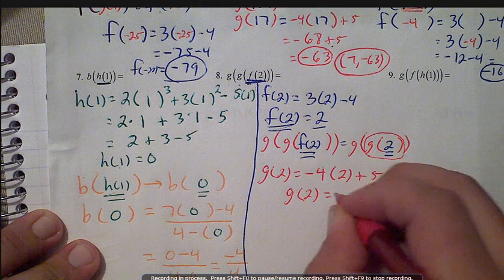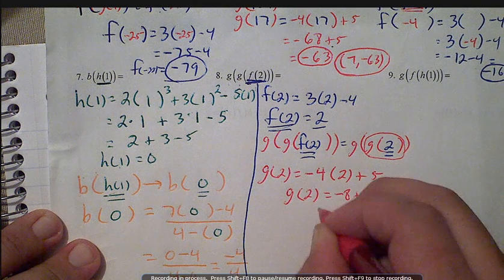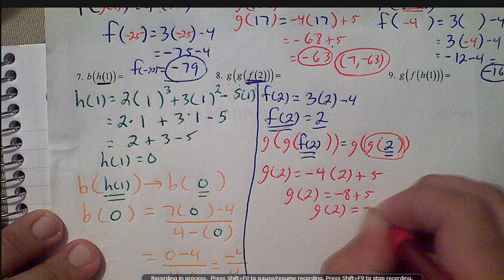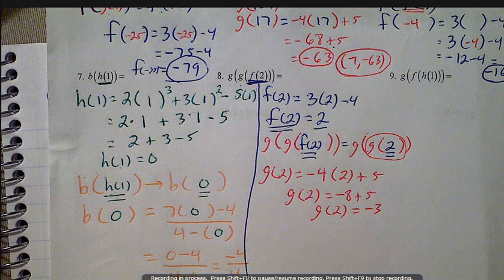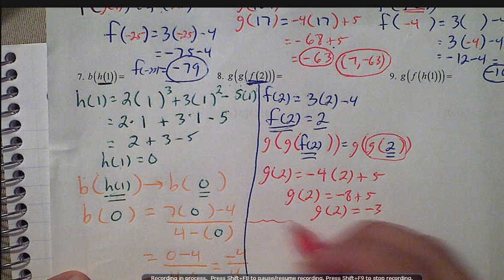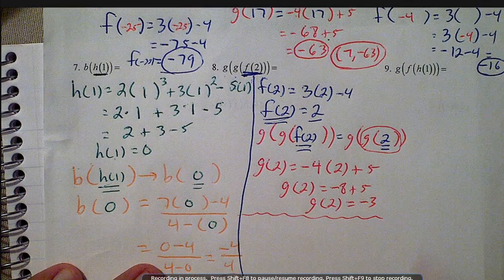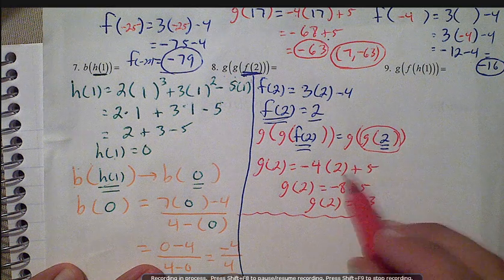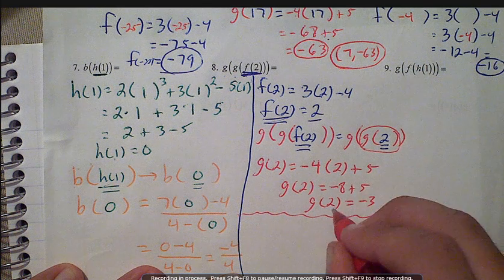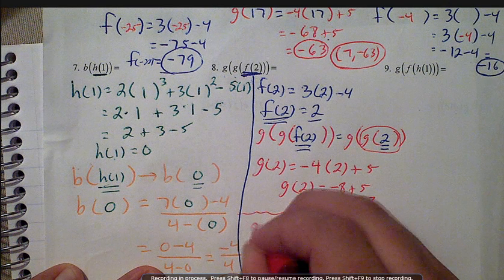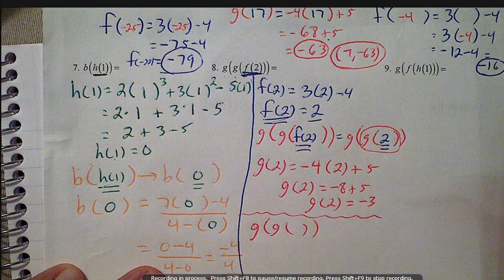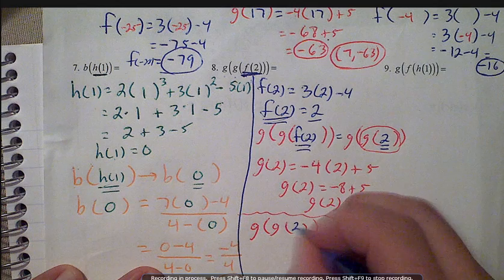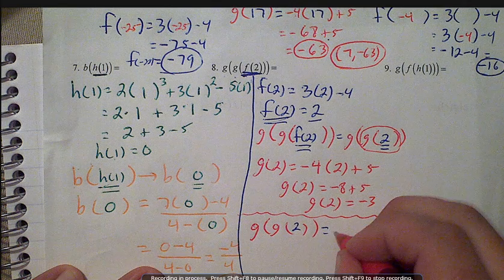So from above, what I have left is g of 2, that was our problem, and it's going to become g of negative 3, because g of 2 equals negative 3, which is what we found here.